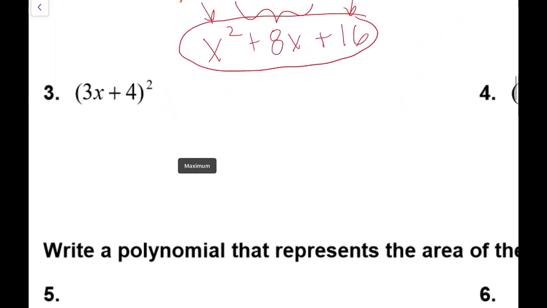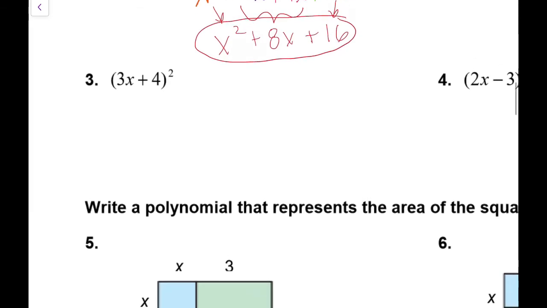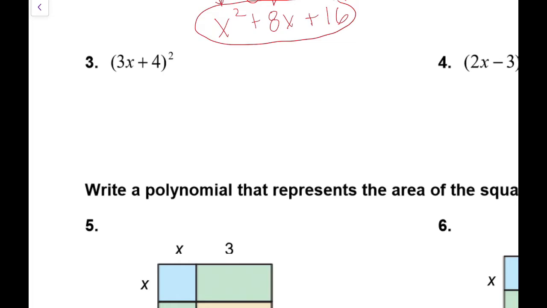On number 3, we have 3x plus 4 all squared. To evaluate this, we write 3x plus 4 times 3x plus 4. Then we FOIL them out. We take our first terms, which are 3x times 3x. 3 times 3 is 9, and x times x is x squared. 3x times 4 will give us plus 12x.